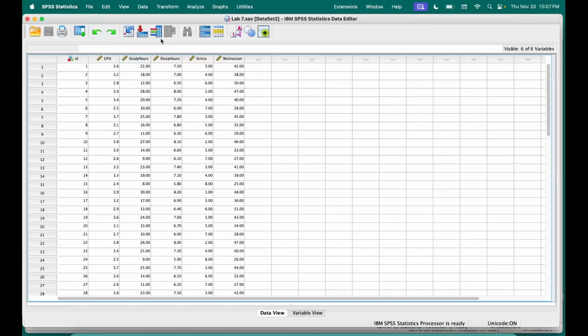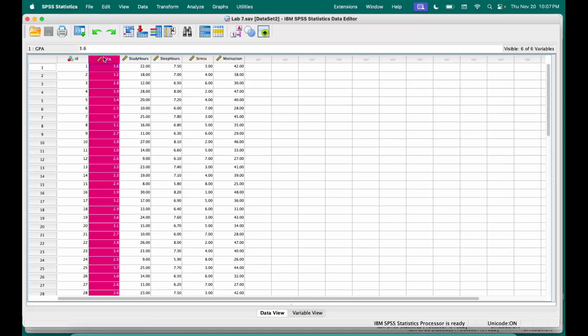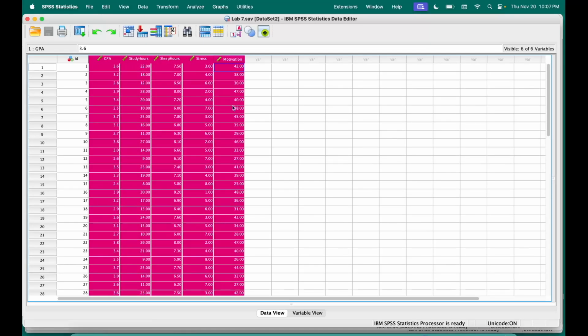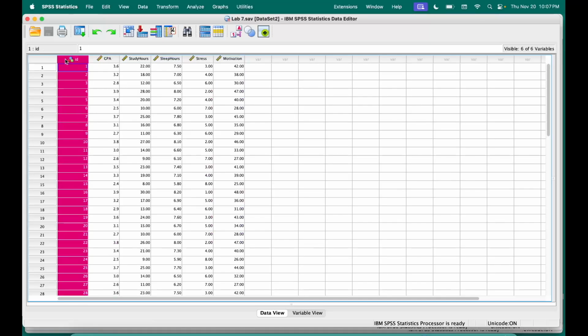So literally the only criteria as far as what you choose is that it has to be a combination of these continuous scale variables. So if you throw ID in there, that would be a problem. That's our identifier. It has no meaning outside of identifying that person's data.